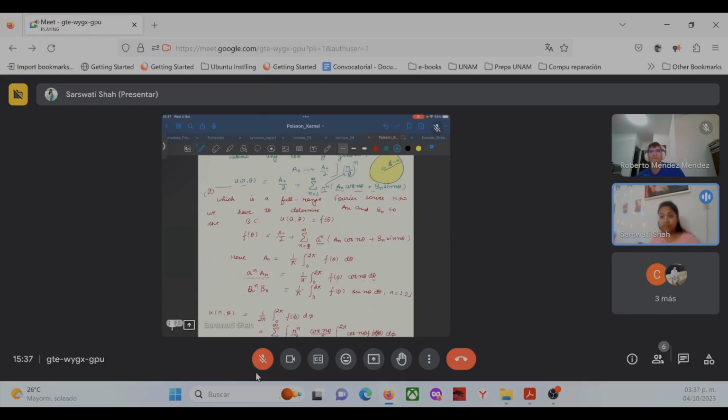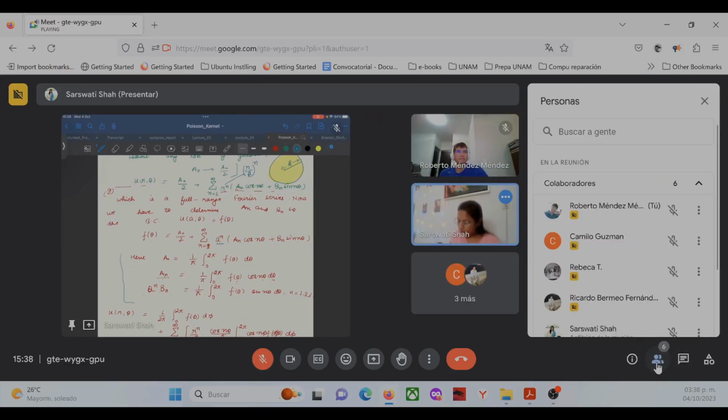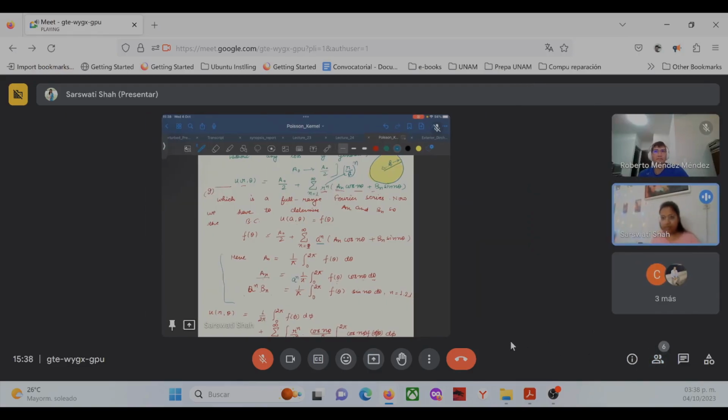And then when we use the property of the Fourier series, we get the value of an, pass this a to the power n to the denominator, and when you substitute an and bn here, it will be r to the power n over a to the power n.